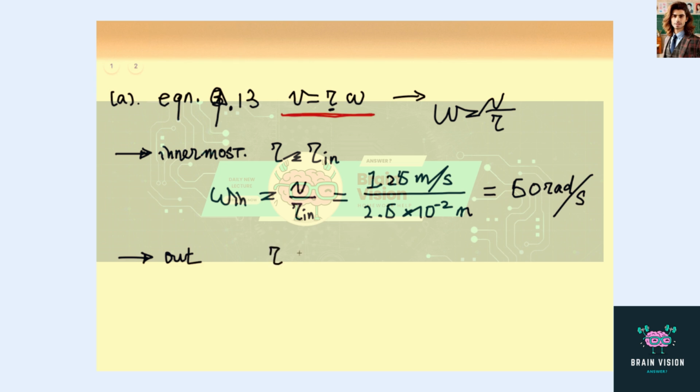And the same for the outermost part. And the r here becomes r out. And omega out equals v over r out here. Also plug in the numbers again.